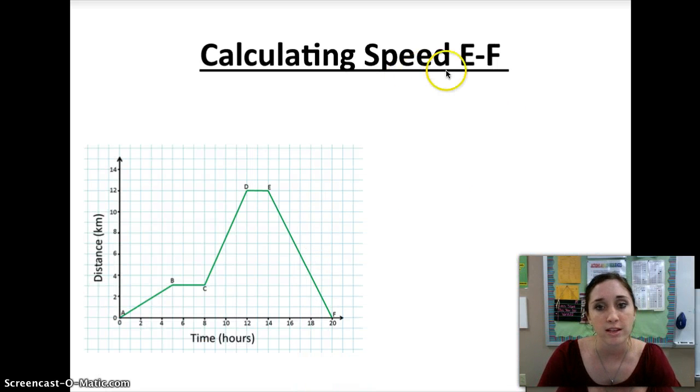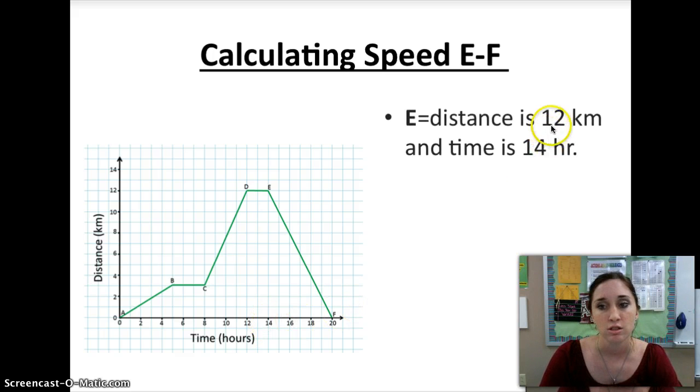All right, so calculating speed between E and F. If you find E right here, we can figure out that my distance is 12 kilometers and my time is 14 hours. So 12 kilometers and 14 hours.